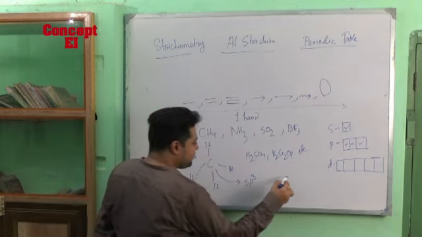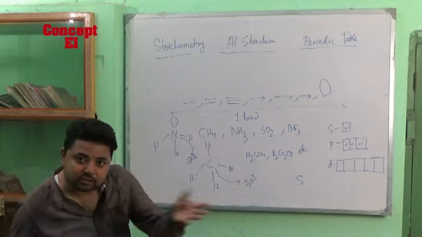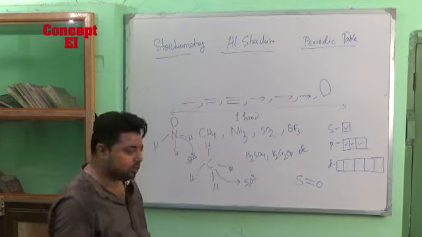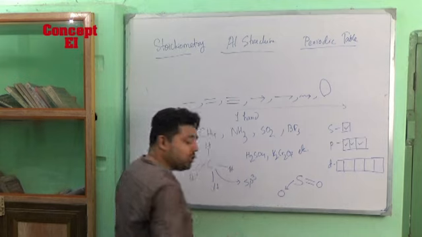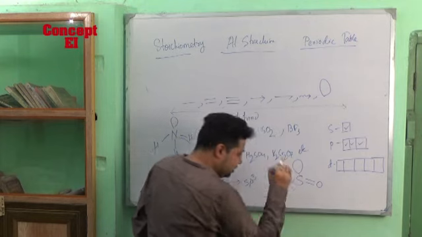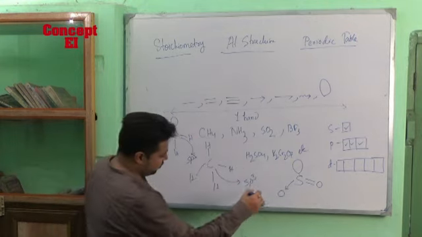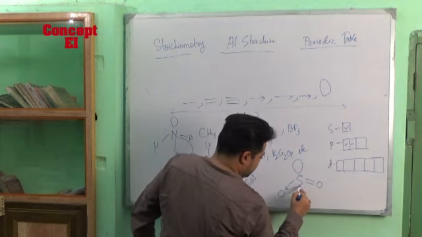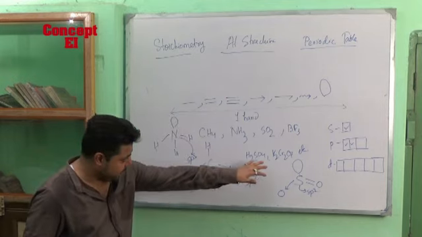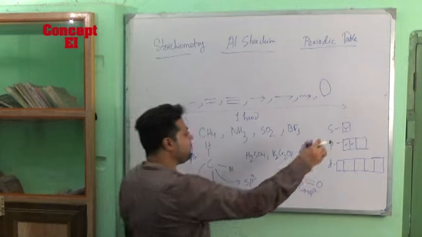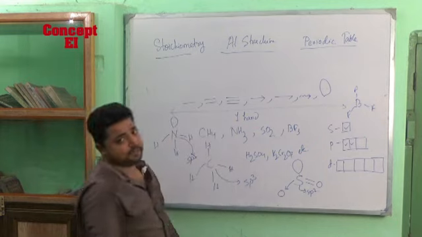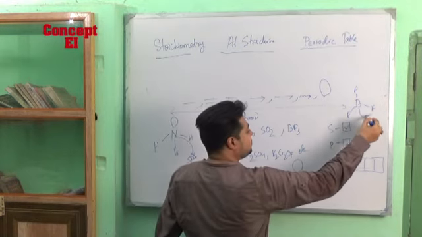SO2: sulfur, how many electrons? 6. 2 oxygens, 1 double bond, 1 coordinate bond, and 1 lone pair. How many? 1, 2, 3. Then sp2. Got my point? Now BF3, 1 boron, 3 fluorines. Again the same, sp2.